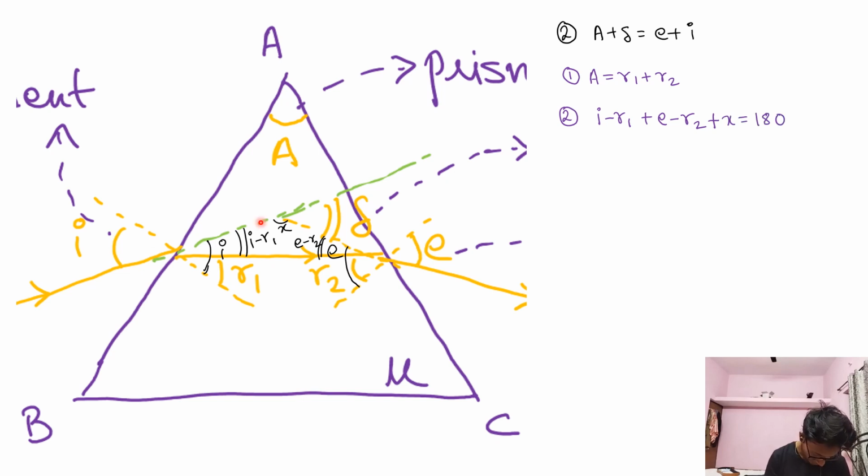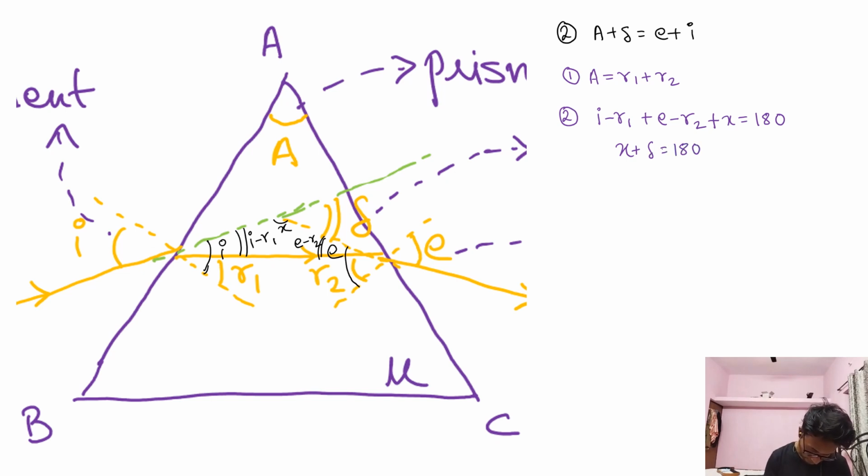And see, this is a straight line. So X plus D, where D is the angle between the incident vector and emergent vector, is nothing but 180 degrees. So X plus angle of deviation is equal to 180 degrees.